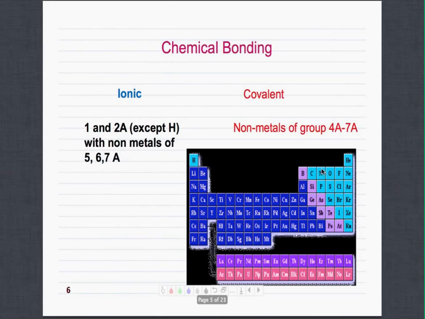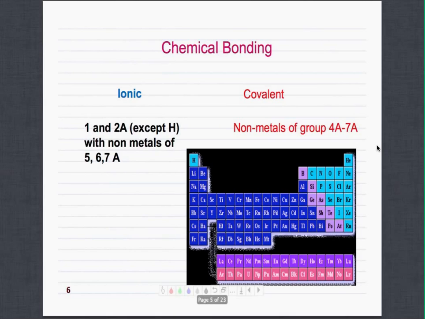Covalent bonding takes place between the non-metals of group 4A to 7A with each other. What does that mean? Carbon with fluorine, oxygen with fluorine, fluorine with fluorine, Cl with Cl, Br with Cl, sulfur with chlorine. All of these are going to form covalent bonds.